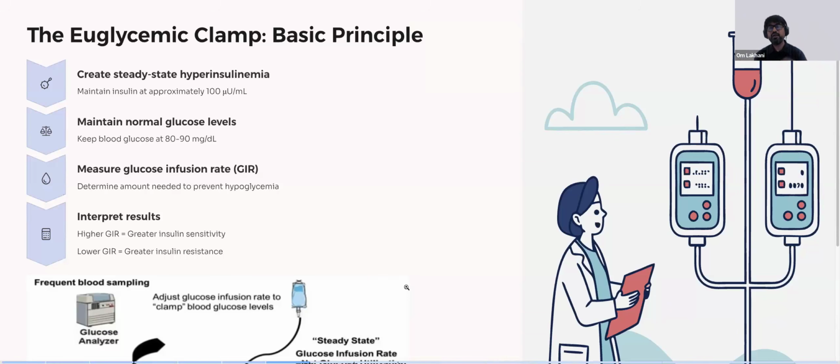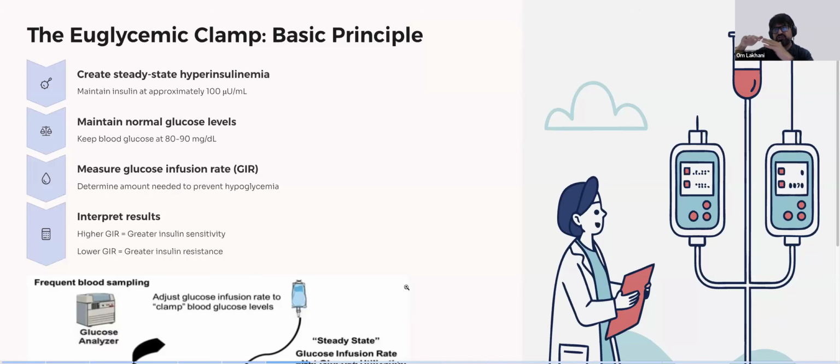Now, what you have done is you have clamped one of these variables. By giving insulin from outside, you have clamped the body's own insulin production. So you stopped the body's insulin production, but you have not stopped the insulin resistance, right?